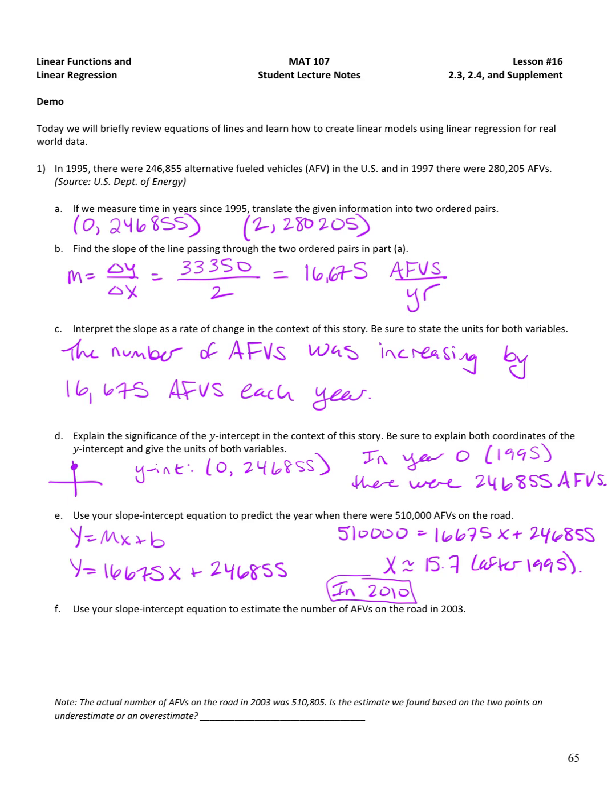Use your slope-intercept equation to predict the number of AFVs on the road in 2003. So they're giving me a year, which is an X value, and this is 2003, which is 8 years after 1995. So I'm going to put in an 8 for X. So I have Y equals 16,675 times 8 plus 246,855, and I get 380,255 AFVs in 2003.